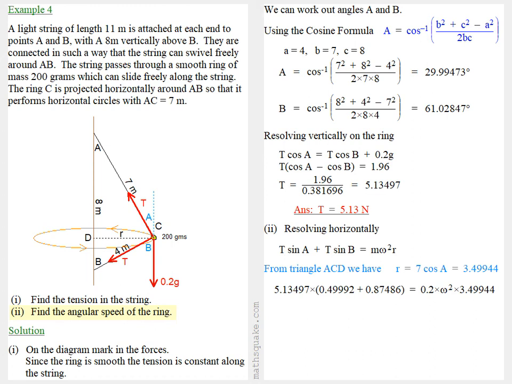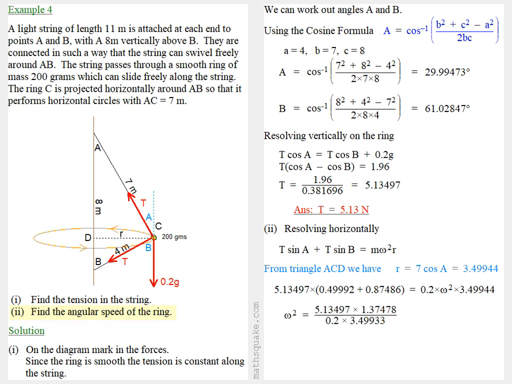So, substituting in the equation above, we have 5.13497 times 0.49992 plus 0.87486 equals 0.2 omega squared times 3.49944.